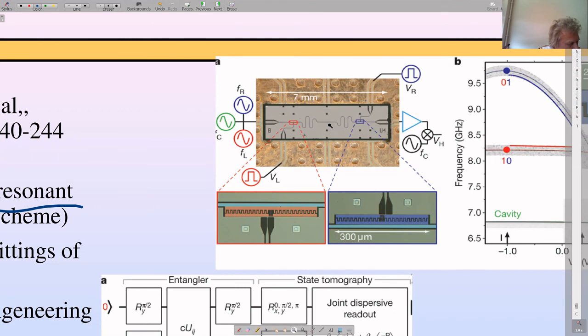I don't remember how many qubits Leo DiCarlo has today. That can be like 32, something like that. I don't follow, frankly, because it has already become very technical.